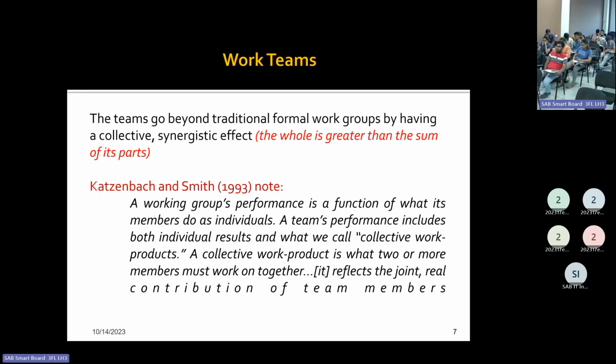A team's performance includes both individual results and the team results, what we call collective work products. This collective work product is what two or more members must work on together. It reflects their joint, real contribution given to the team as members.